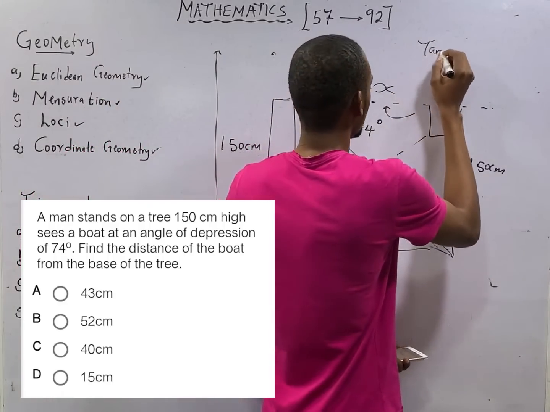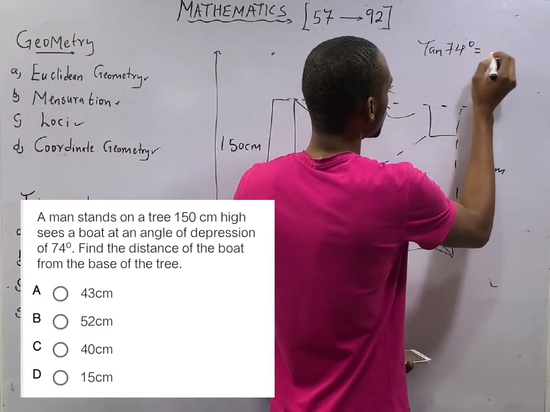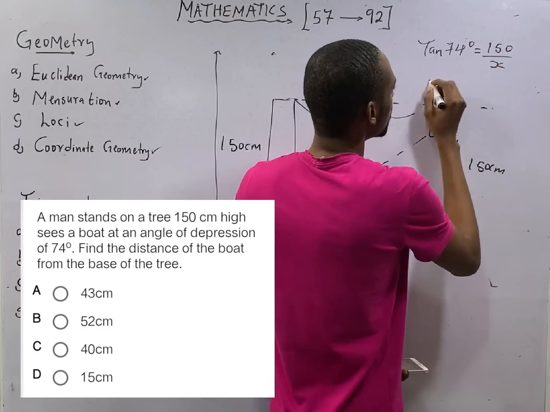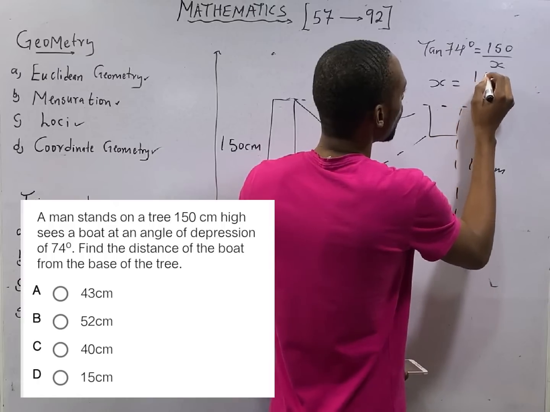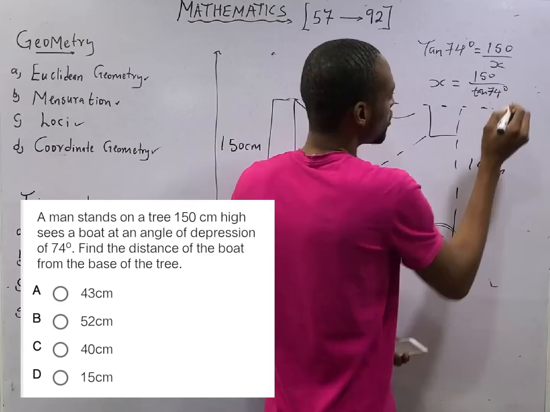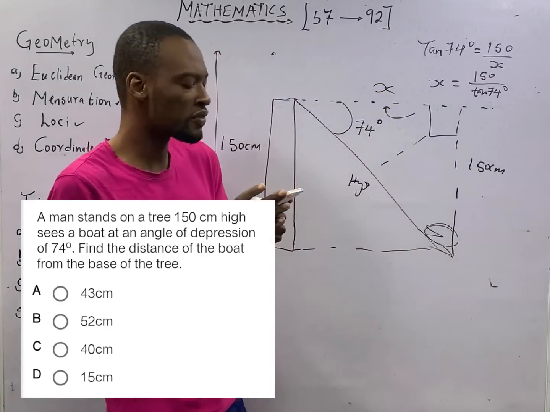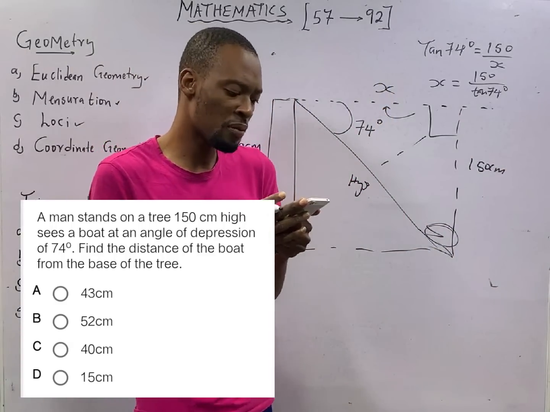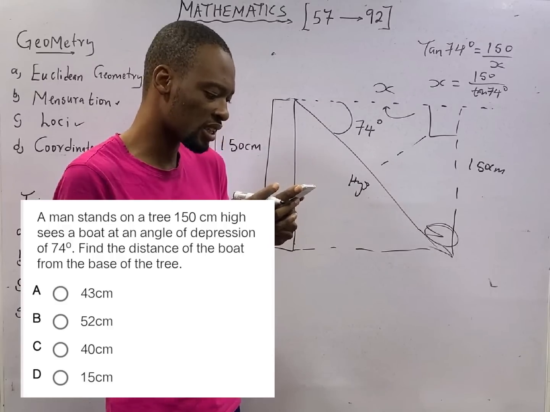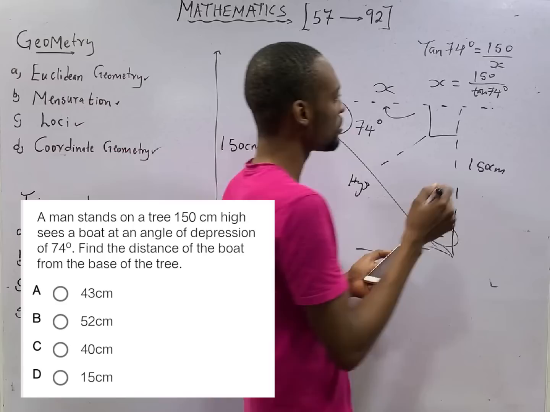So tan 74 degrees is opposite over adjacent. So adjacent is 150 over tan 74 degrees. 150 over tan 74 degrees should be approximately 43 centimeter.